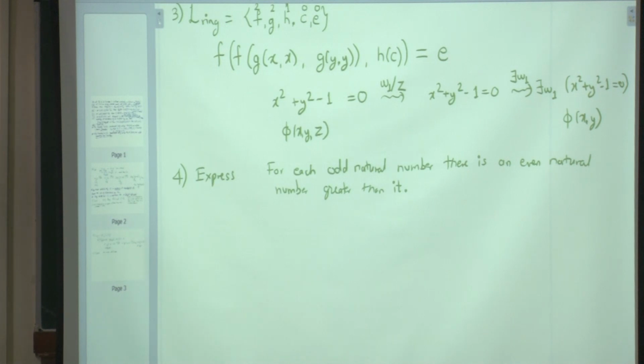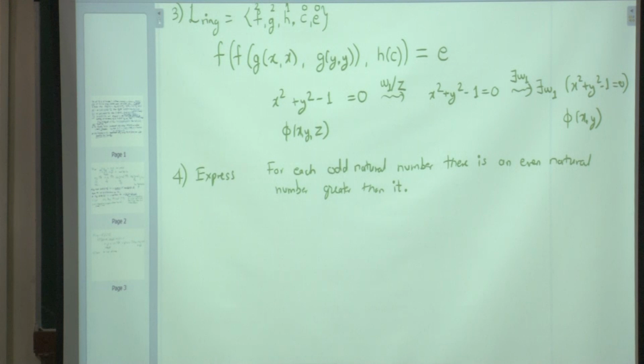Right? Some number is even if it can be obtained by adding one number to itself. Right? That's even. So we have to express that. So we need something to describe addition, right? And what else do we need in our language?